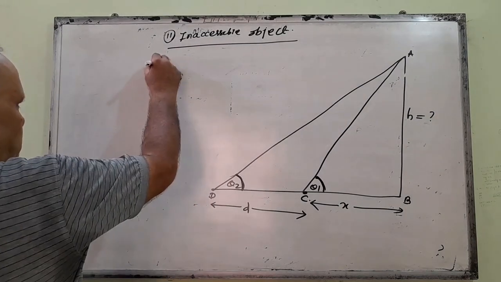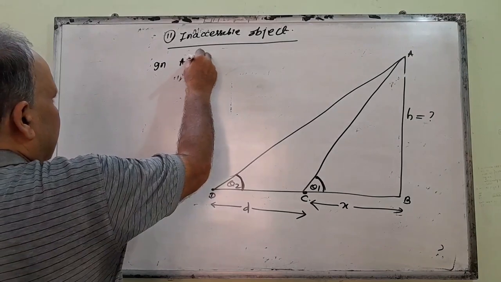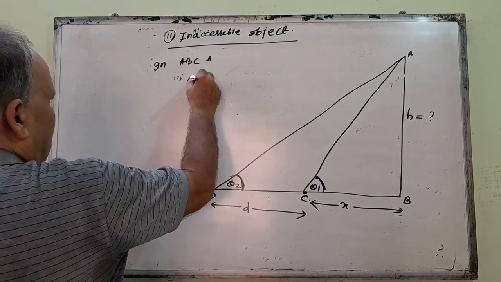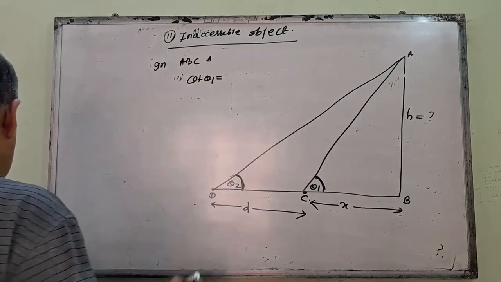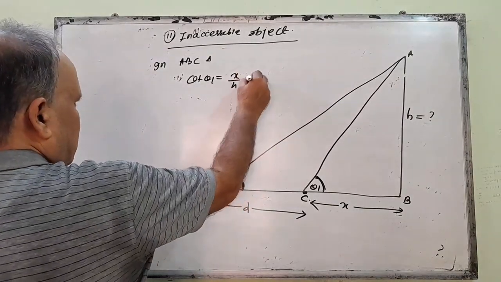Now in ABC triangle, what is your value of cot theta 1? Cot theta 1 is what? x by h.